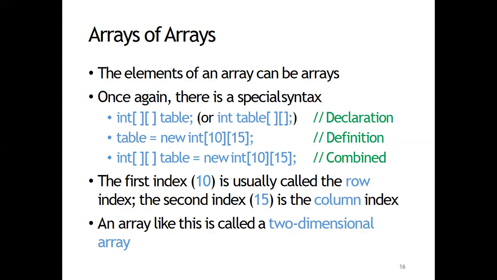In the declaration part, we tell that there is an array, the type of the array and the name of the array. For example, we say there is an integer array called numbers. Here, we can say there is an array named table.